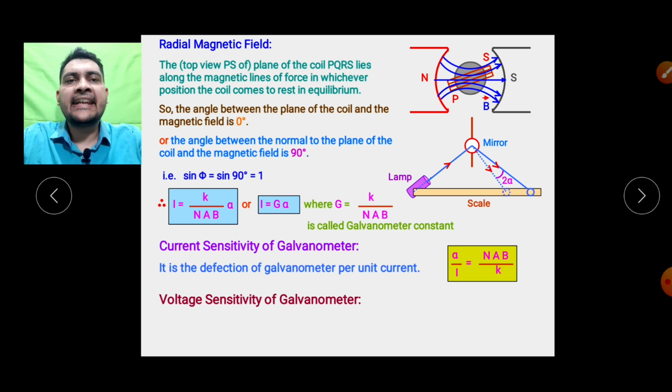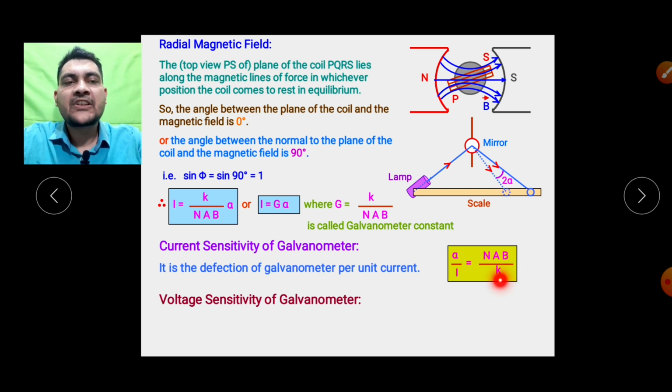If you are asked which material you would prefer to make the spring for a galvanometer, copper or steel, then your answer should be copper, because copper is slightly softer as compared to steel, therefore it has low stiffness, and the spring constant is smaller for copper as compared to steel.